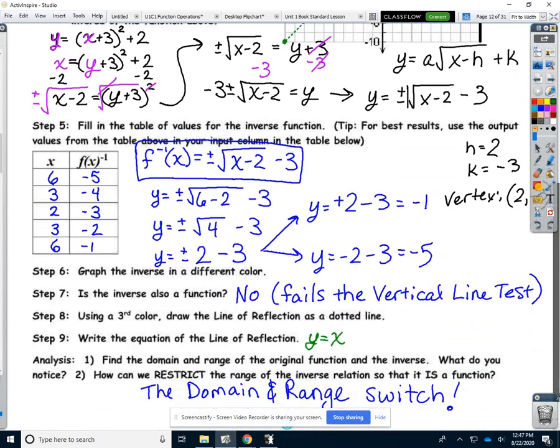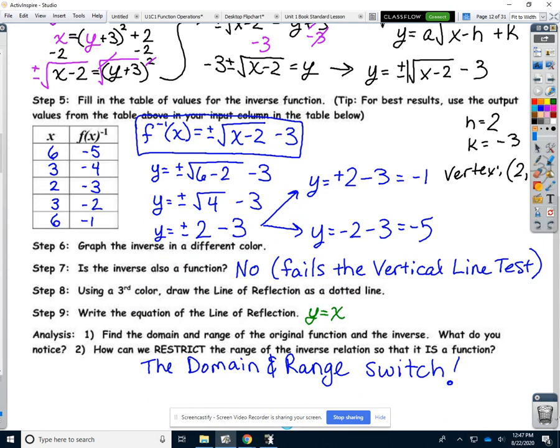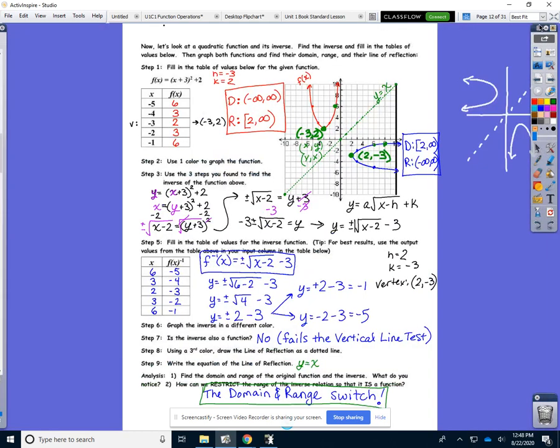So the other question that we were asked down here is, what do you notice? The domain and the range switch. Think about it. The domain, if you don't remember, is the set of all x's of a function. The range is the set of all y's. So in this function, the domain is negative infinity to infinity because it's going left forever and right forever.